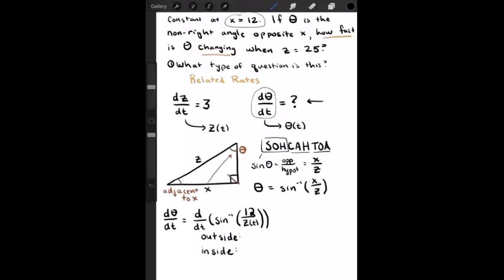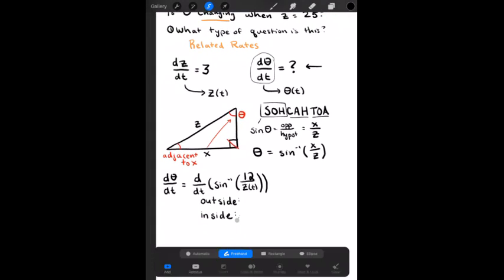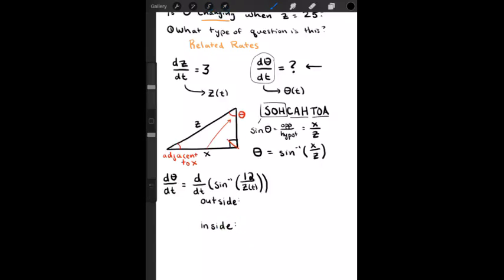So we're going to need to use the chain rule on this guy. So what's the outside function going to be?